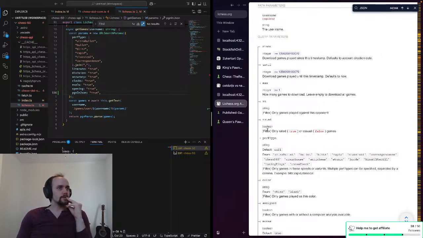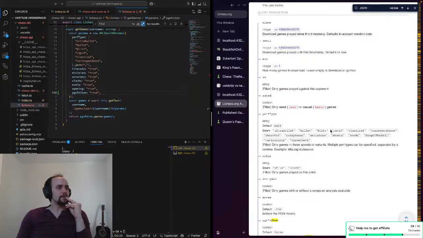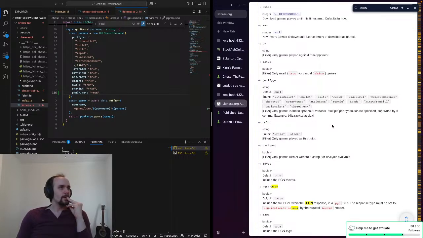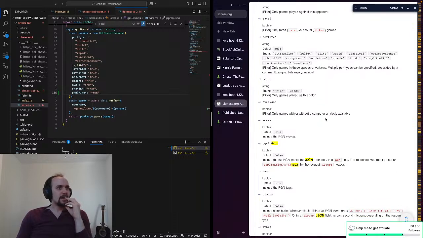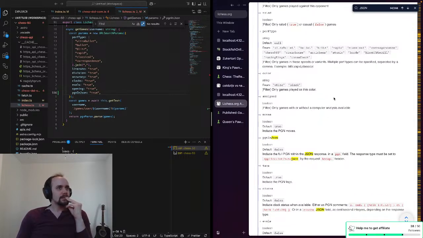Oh, it's a filter. Okay. If you don't add it, you get both. Color, analyzed. Analyze only games without computer analysis.